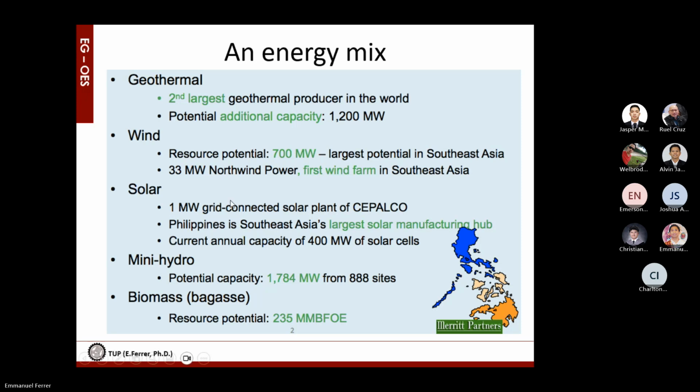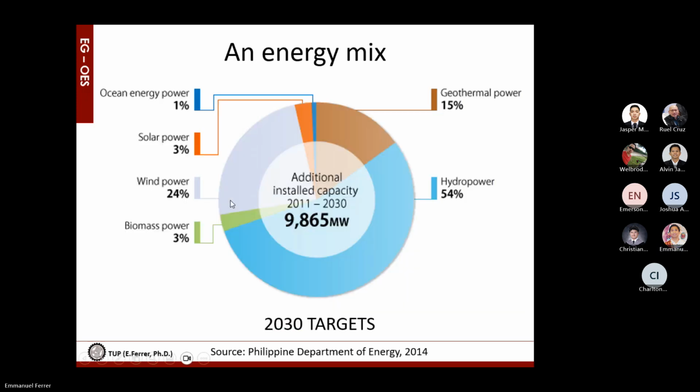So our 2030 target does not include fuel cells and fossil fuels. But our target is to have an additional capacity of 9.8 gigawatts of power, and more than 50% of that comes from hydropower.